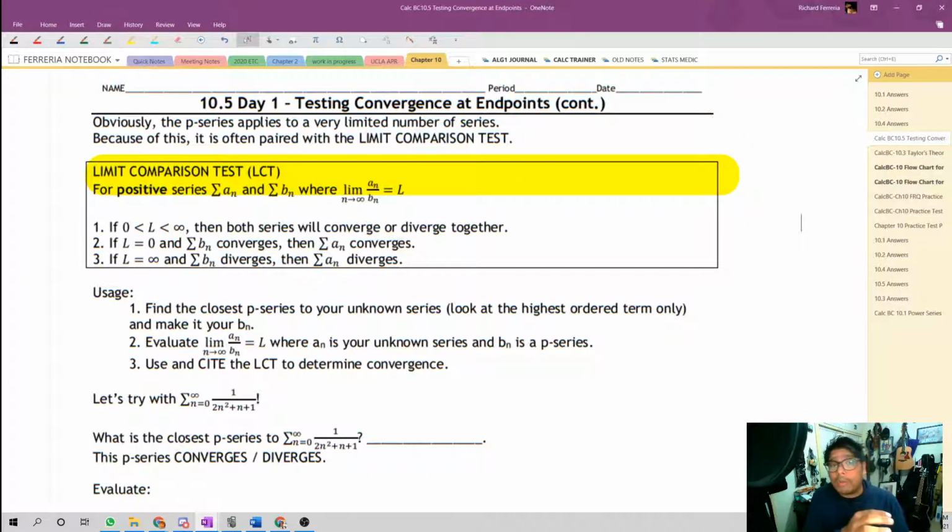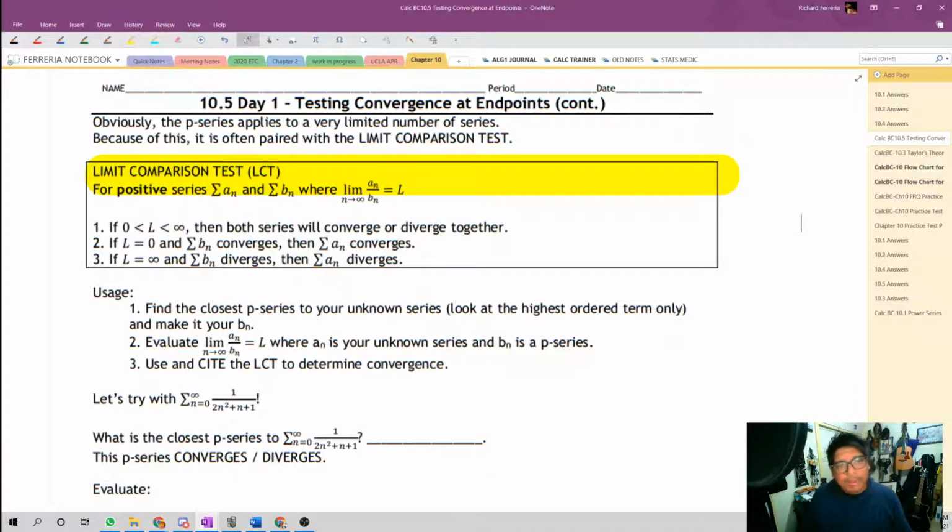So if one converges, like the p-series converges, then the other series, which may or may not be a p-series, will also converge. If L is equal to 0 and the denominator series converges, then the numerator is going to converge also. And if the limit is infinity and the denominator series diverges, then the numerator series is going to diverge.